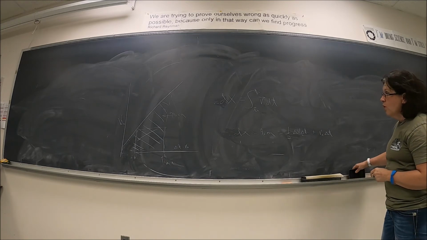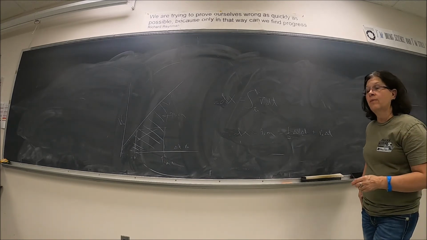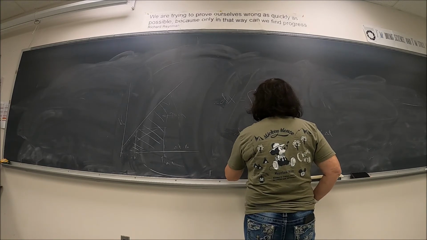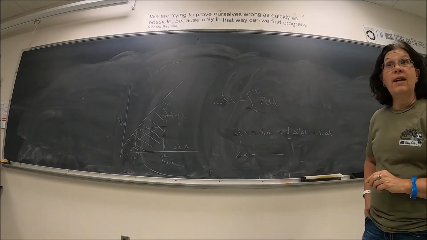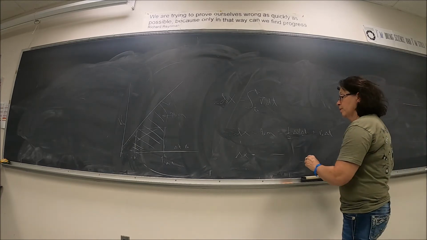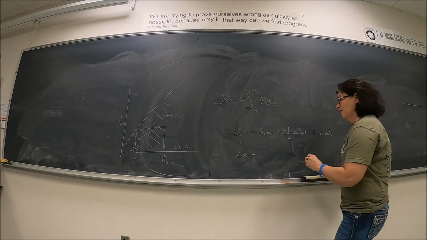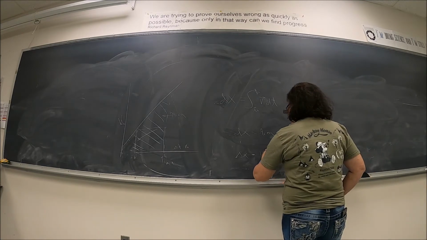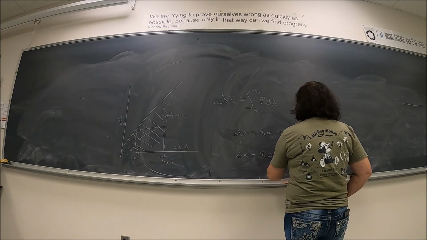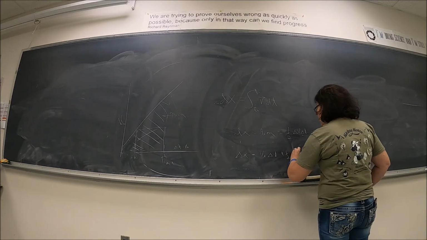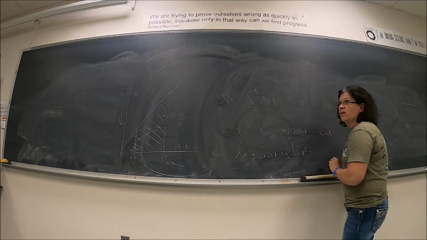Now if we work a little magic with this, what we get is that delta x is equal to, okay, you ready for this? v initial delta t plus 1/2 a delta t squared.